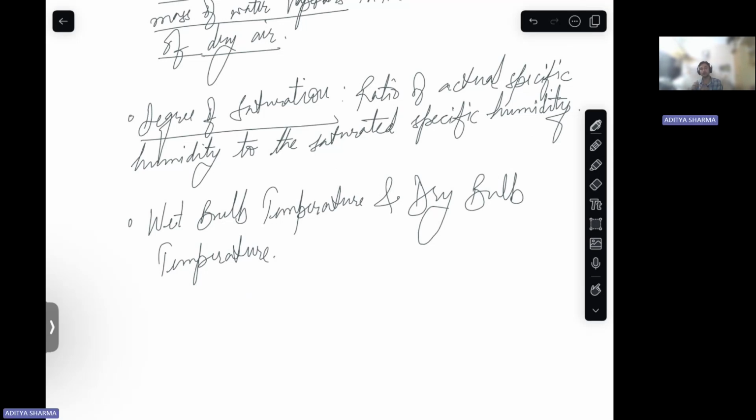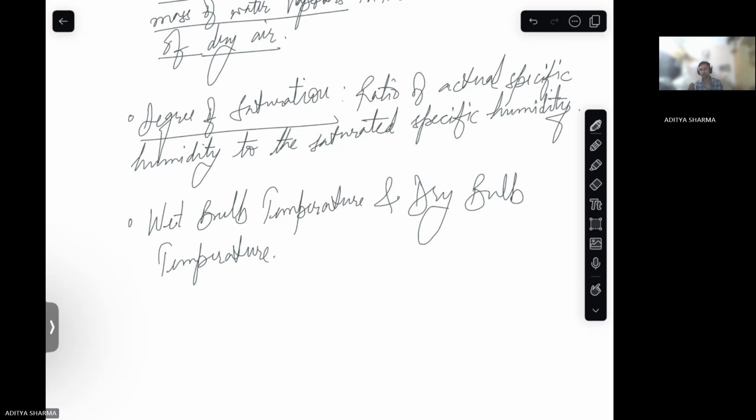But this wet bulb temperature depends on the saturation of your air also. If the vapor content of the air is high, the evaporation from this bulb will be slow. And if the vapor content in the air is very less, the evaporation will be high.